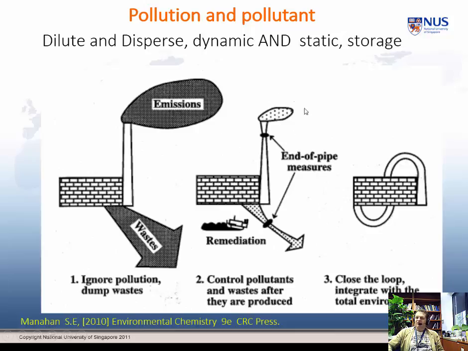We'll look at some of those later on in this course, and by remediation measures, and eventually, certainly in terms of green chemistry, we would hope to close these loops, so in fact we don't really emit anything to the environment. So in one sense this is a diagram, although it's not drawn this way, of green chemical processes.